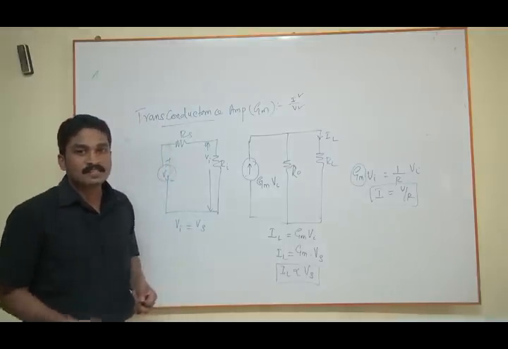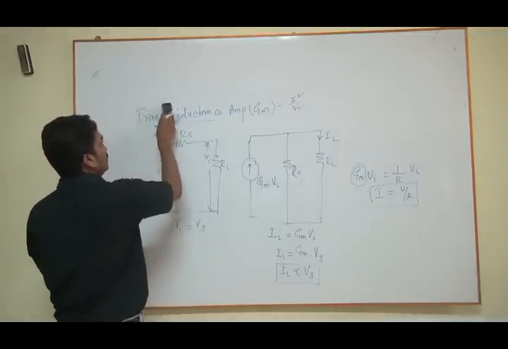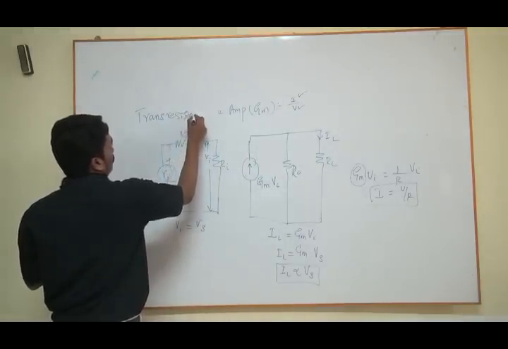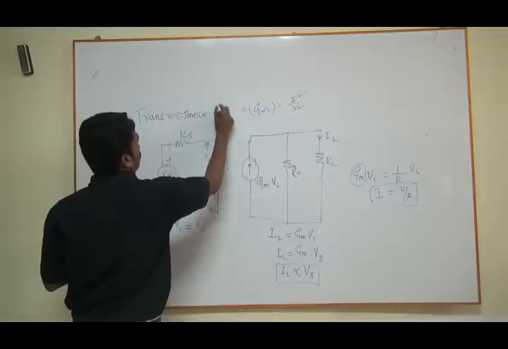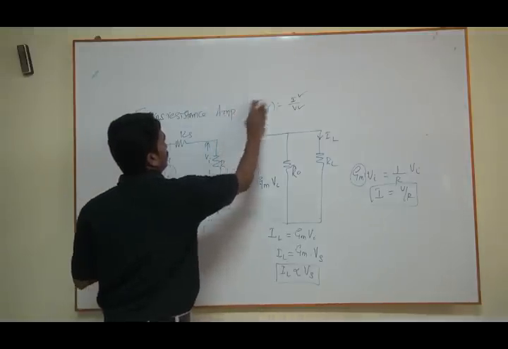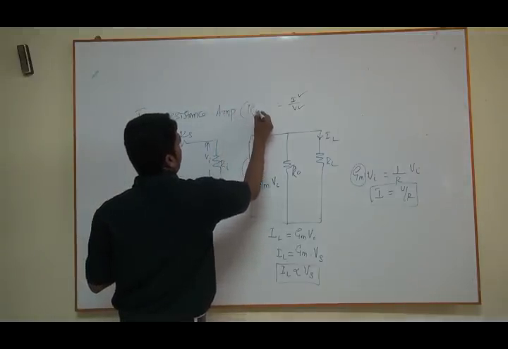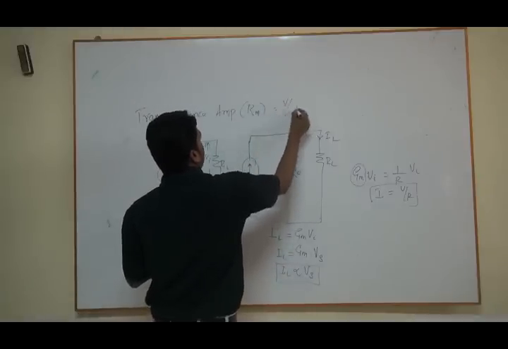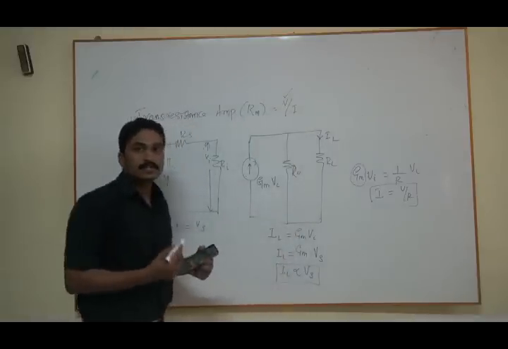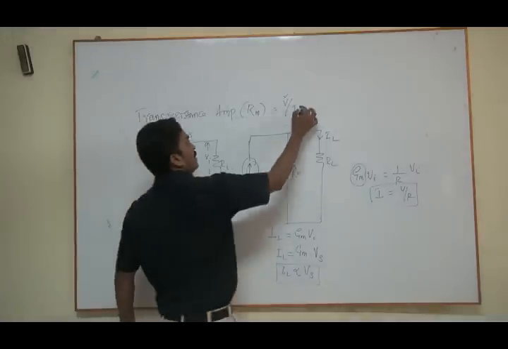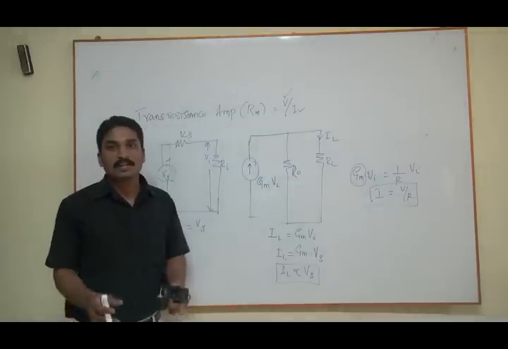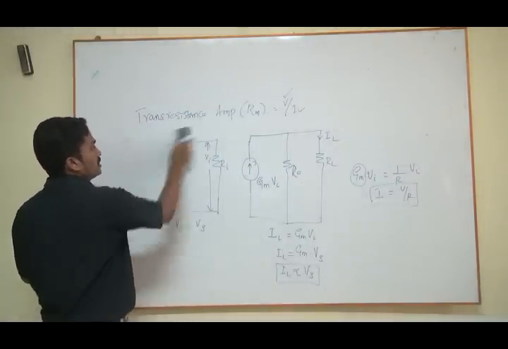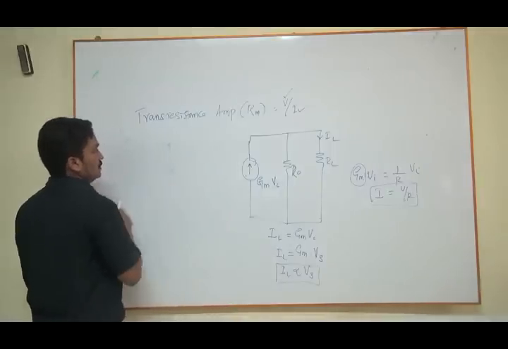And what about the transresistance amplifier? For the transresistance amplifier, we have to change this notation into Rm, and R is nothing but V by I. The output side is a voltage circuit or Thevenin's equivalent model, and the input side circuit is the Norton equivalent model or current circuit for transresistance.